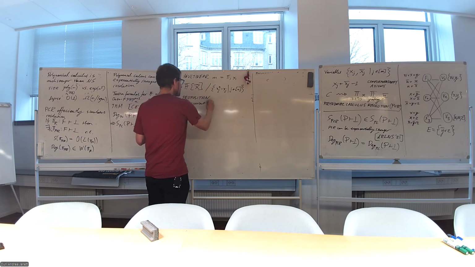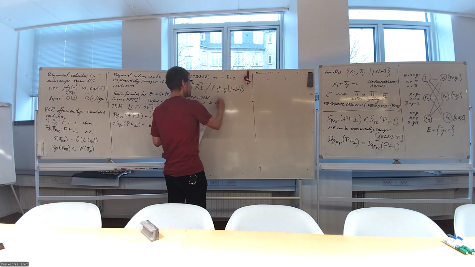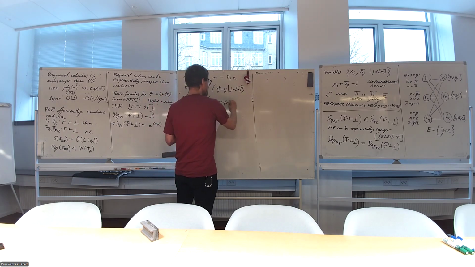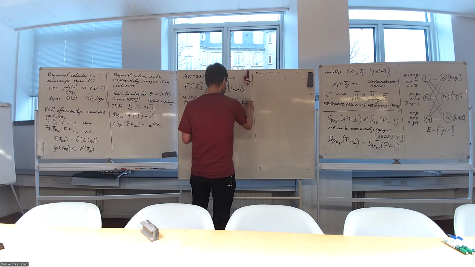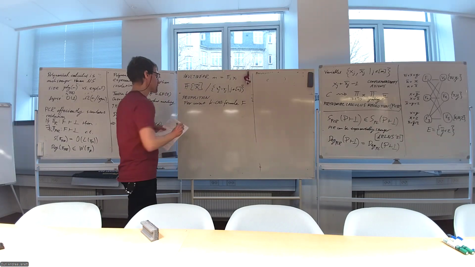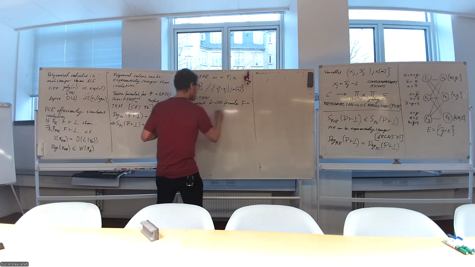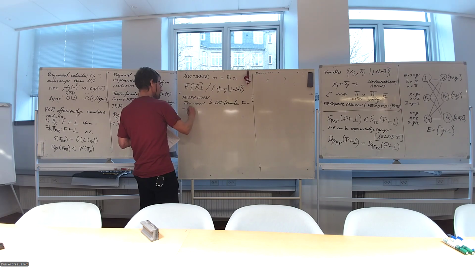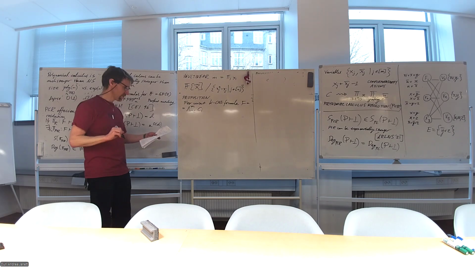Suppose that we have an unsatisfiable K-CNF formula F, and let me write out what F is. It's the conjunction of m clauses, C1 up to Cm.